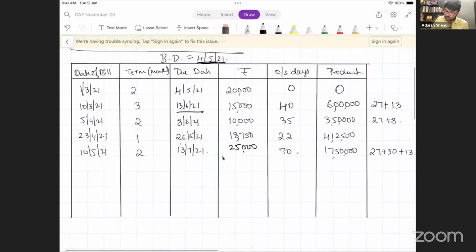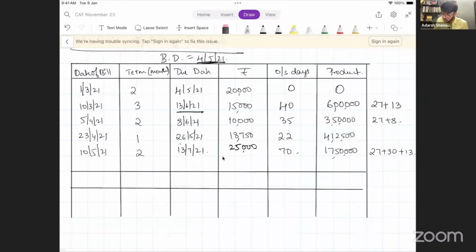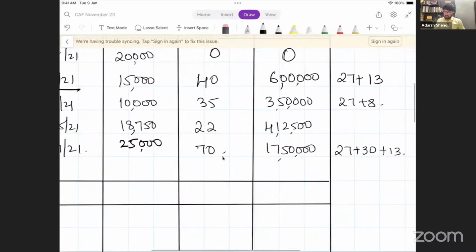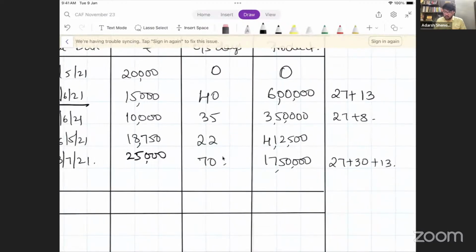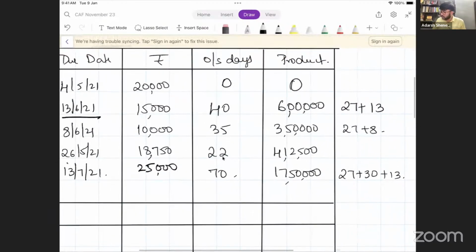Okay. So now calculate the total of the product. What's the total of the product? 6 lakhs plus 3,50,000 plus 412,500 plus 17,50,000.